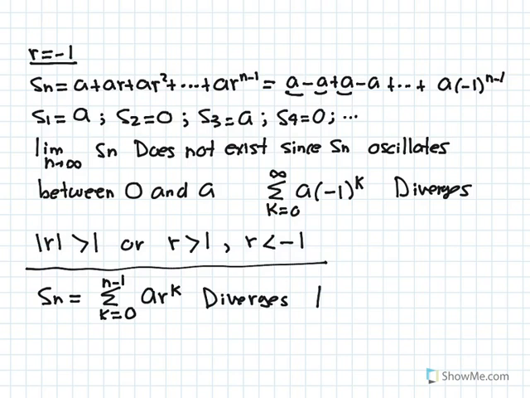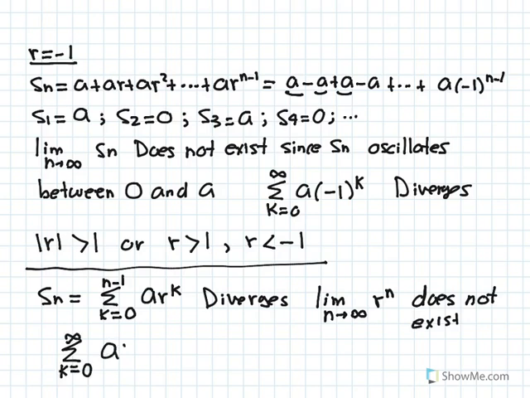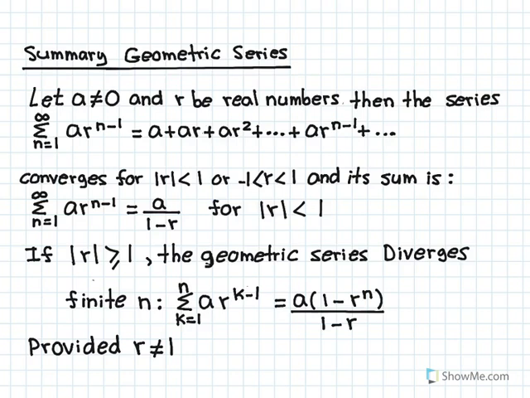Because the limit as n goes to infinity of r to the n does not exist in this case, when the magnitude of the common ratio r is bigger than 1. That means the infinite geometric series will, of course, diverge. The sum for k goes from 0 to infinity of ar to the k diverges. Let's do a summary.